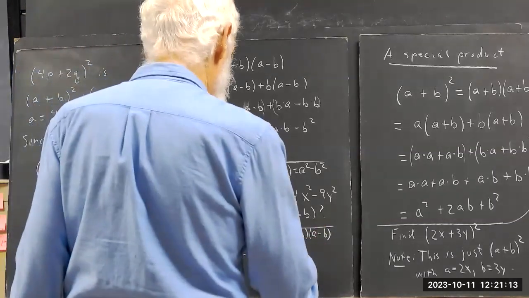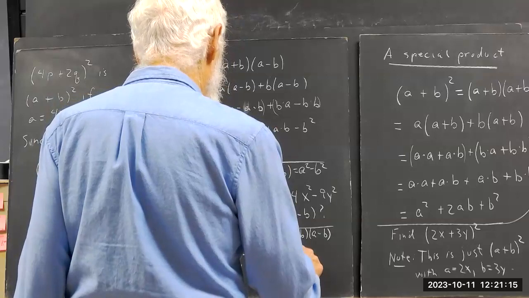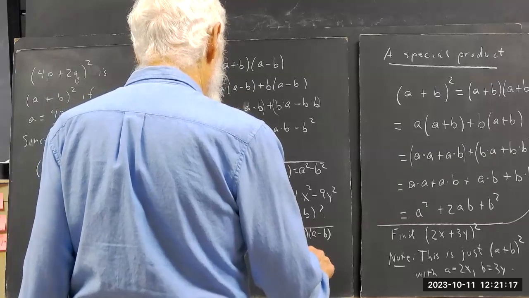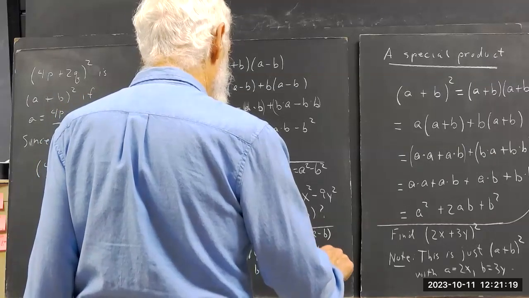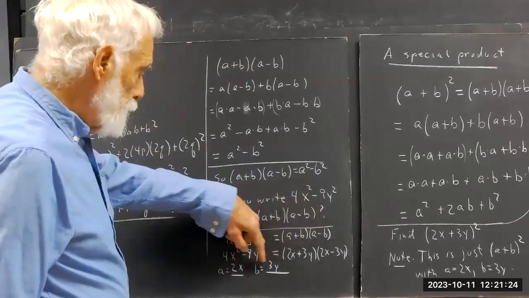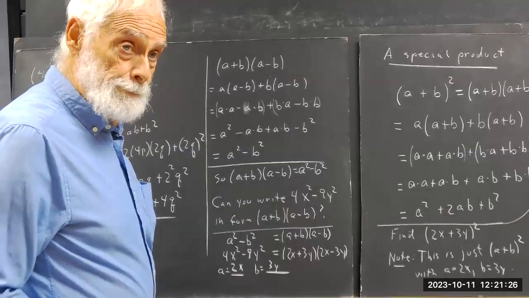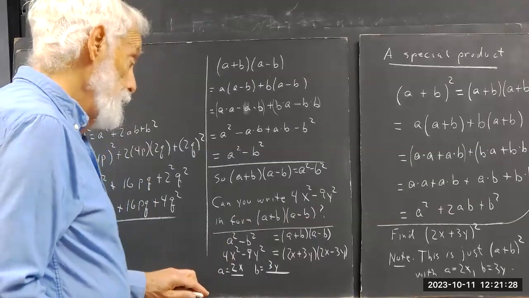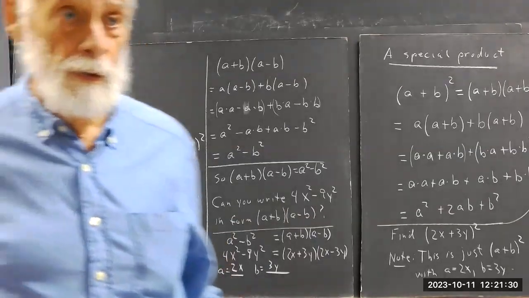And it comes out a is 2x, so I have 2x plus 3y. And a minus b will be 2x minus 3y. Okay, so that's kind of a big deal. You'll see that in the homework.